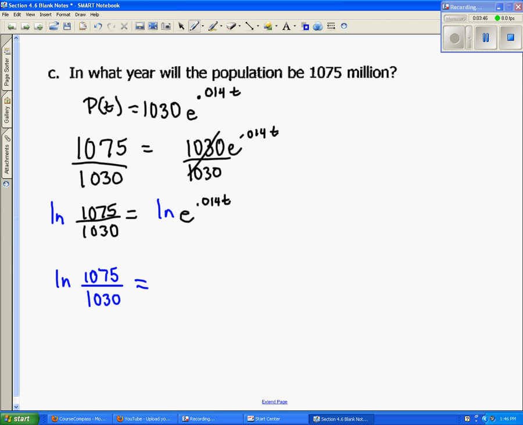Now natural logs have the same properties as logs, so I can move this exponent out front, so I get 0.014 t. Then I have the natural log of e, but we recall that the natural log of e equals 1. So since this value equals 1, I have 0.014 t times 1. I'm just going to not write the times 1 yet.